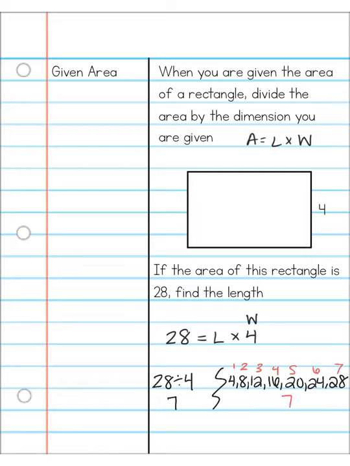So either way, my answer is still 7. So the length is going to be 7. And I can check my work by saying that 7 times 4 equals 28. If that's true, and the areas match, then I know that I got that question correct.